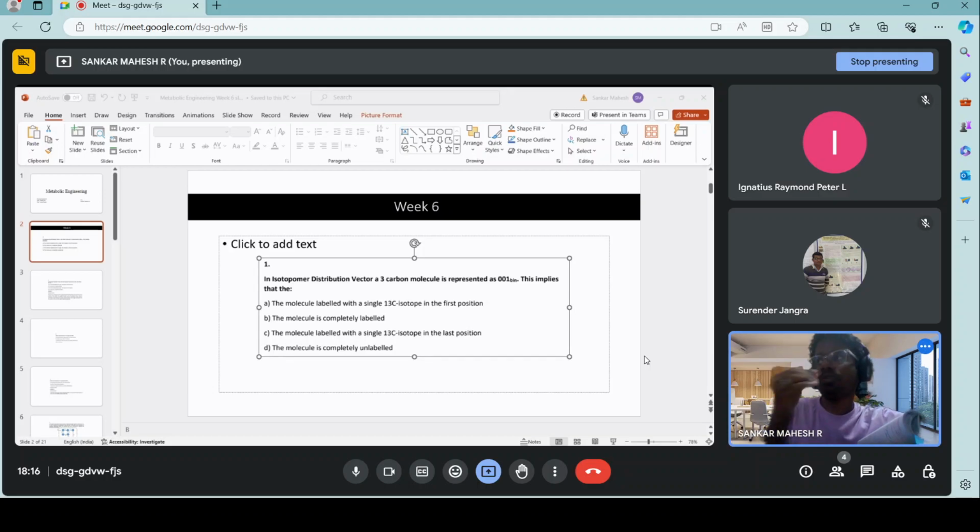Let's say there is a two carbon molecule. There are different possibilities: both the carbons could be labeled, or the first carbon alone could be labeled, or the second carbon alone could be labeled, or both the carbons can be unlabeled. This is the set of possible molecules that can come when you have a labeled substrate that gets converted to this two carbon molecule.